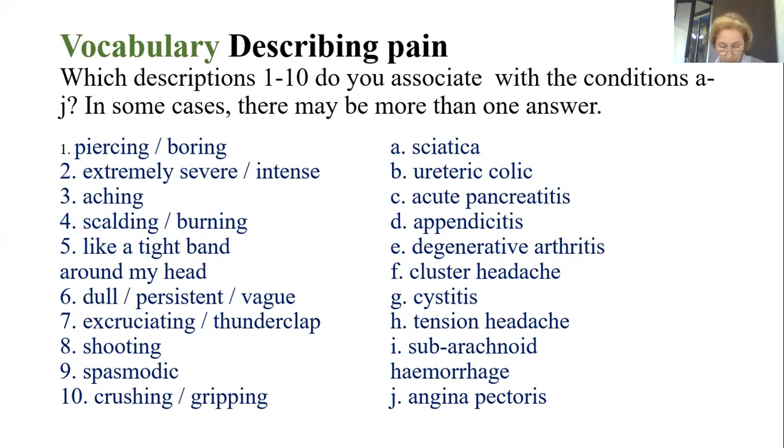So this is like subarachnoid hemorrhage also. And this is shooting, number 8. Shooting. It shoots from the back to the leg, for example. This is condition A, which is sciatica. Then number 9 is spasmodic.